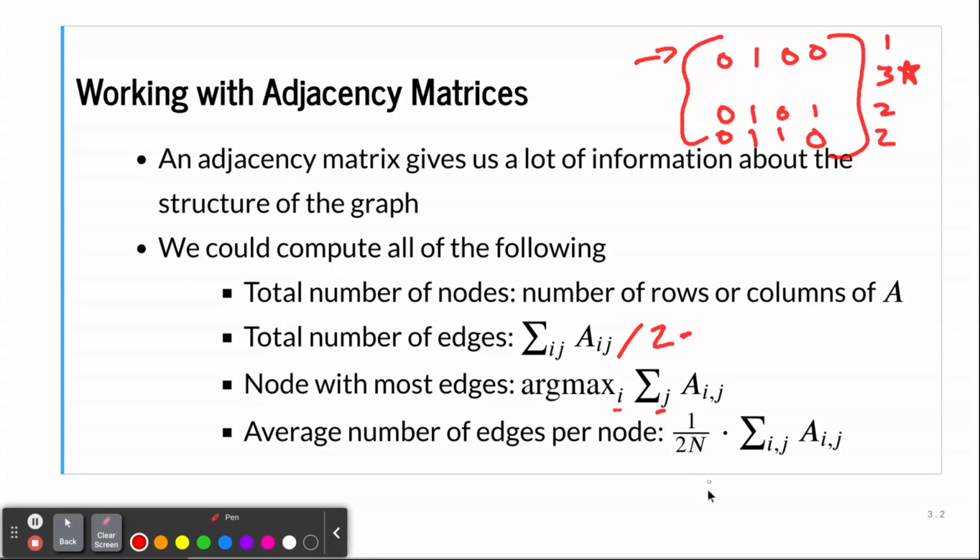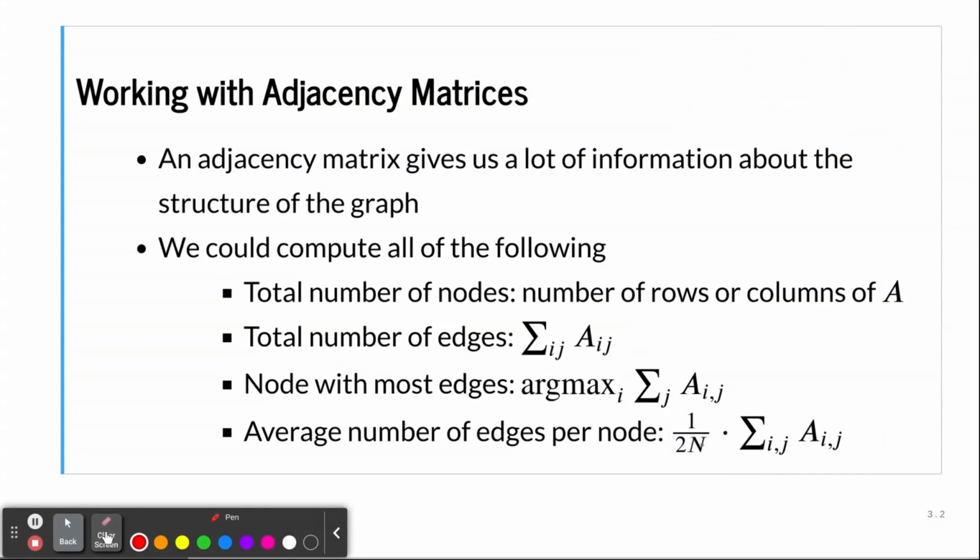We'd pull that out front, and we'd also divide by n, and then we just multiply this scaling term by the sum of all the elements in A. So without the n, if we just looked at this part, this would be the total number of edges, and then we simply divide by n to get the average number of edges per node.